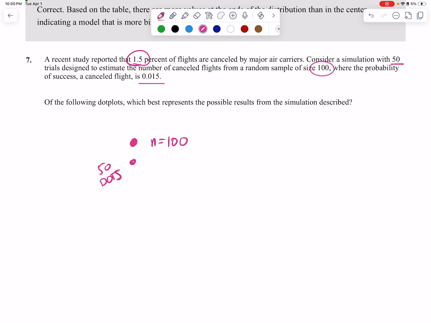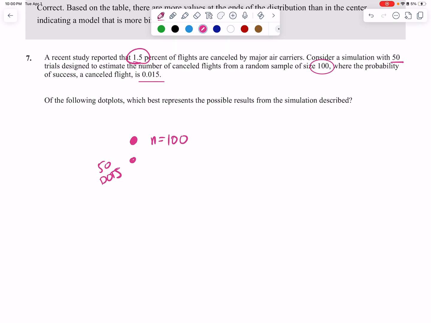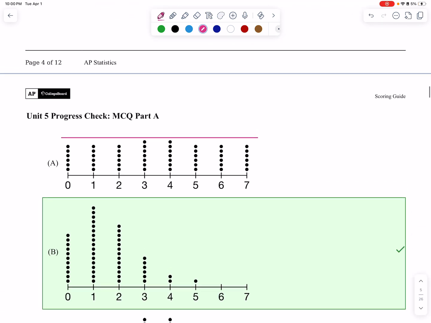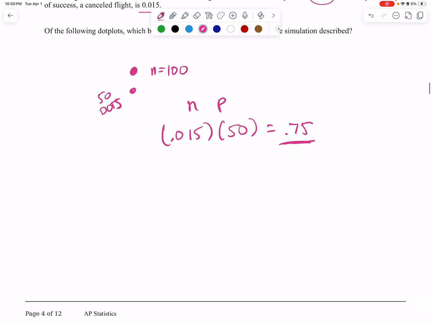Okay, so most of the time, 0.015 times 50, I'm going to get 0.75. Since this is binomial with n and p, because I have a set number of trials, n is my number of trials and p is the probability, most of them are going to be about 0.75.